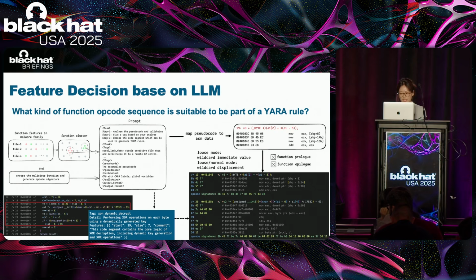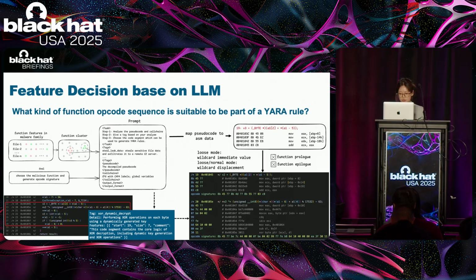This family was covered by our human experts' handwritten rule before, and they used the assembly instruction at line 20 in the same function as one of the key features, which is also included in the LLM suggestions. After getting the model's suggested line numbers, we first map these pseudocode lines back to the corresponding assembly code.